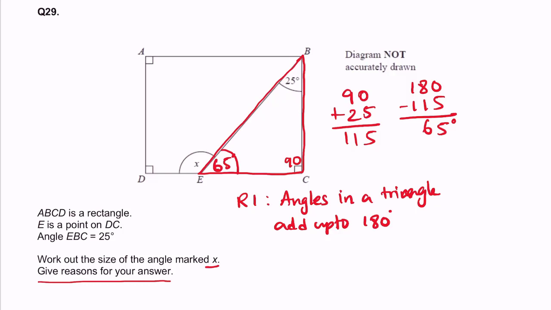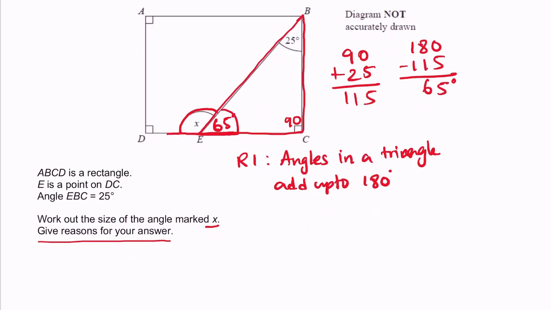Okay, now that's 65, so we need to go ahead and find out this one. Now we know this is a straight line, and angles in a straight line add up to 180 degrees. So all we have to do is 180 take away 65, that gives us 115.